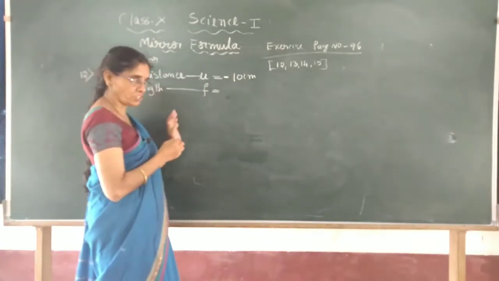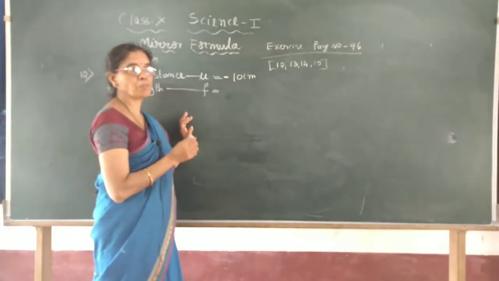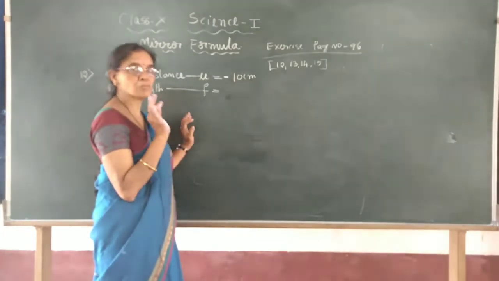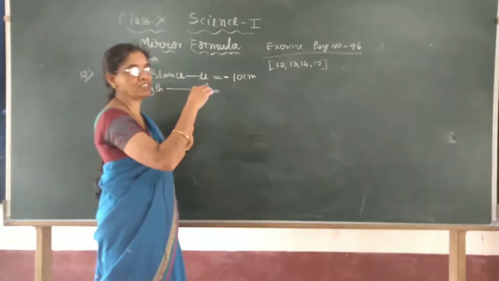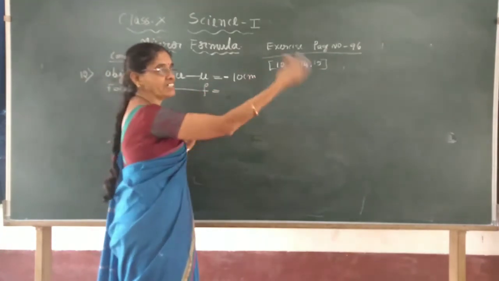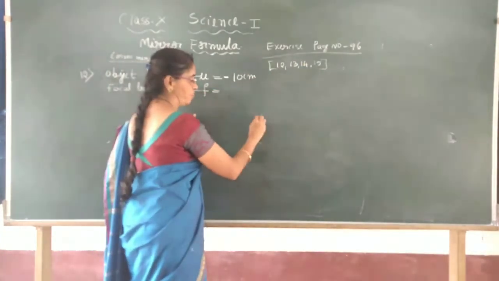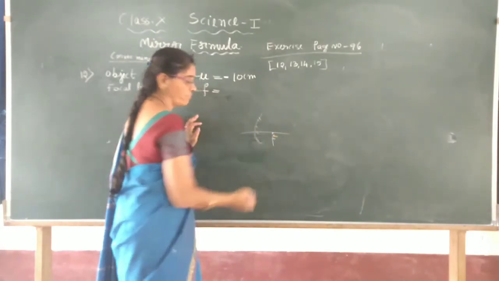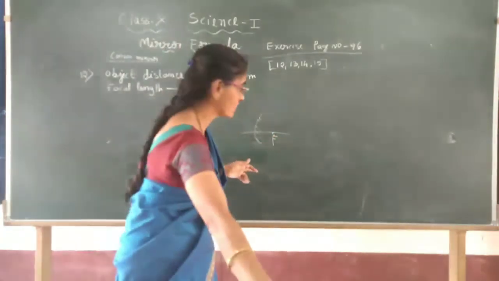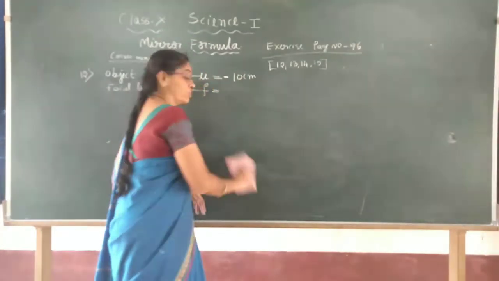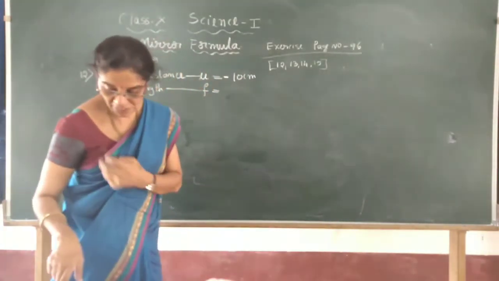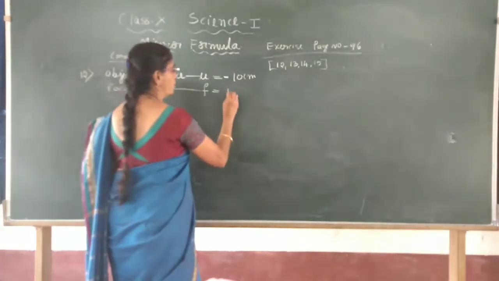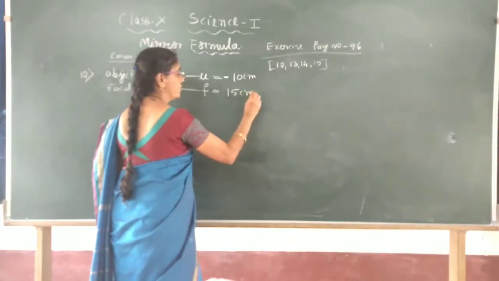Here you also have to remember, they won't tell whether it is plus or minus. For a convex mirror it is always plus, because the focal point is on the back side, the right side of the mirror. So focal length is plus, right side is plus. So f is equal to 15 centimeter.